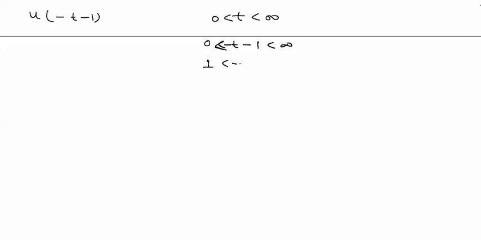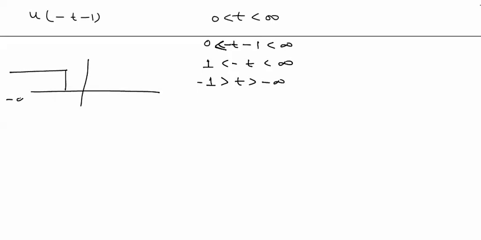The range becomes minus infinity to minus 1, and we can draw u of minus t minus 1. By just shifting in the time scale we can draw it in this way.